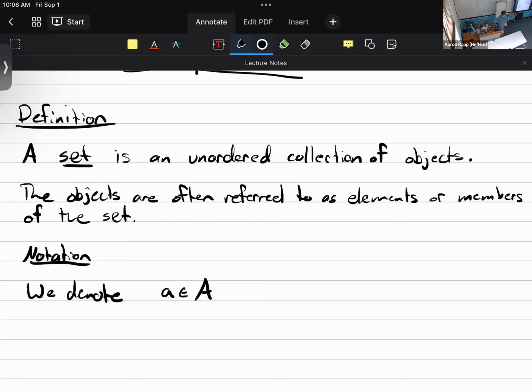Okay. You're going to see right here a symbol, that is a Greek epsilon that we're using there. And anytime we write something like this, what we're trying to say is little a is an element of that set, which we just referred to as capital A. I gotta write 3 symbols versus 15 letters, really.